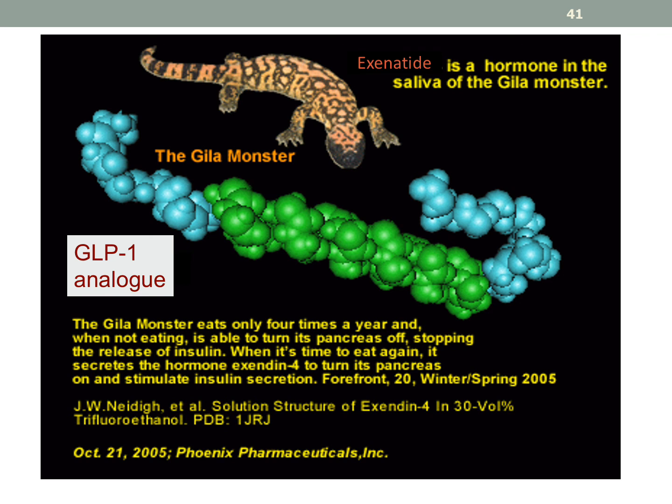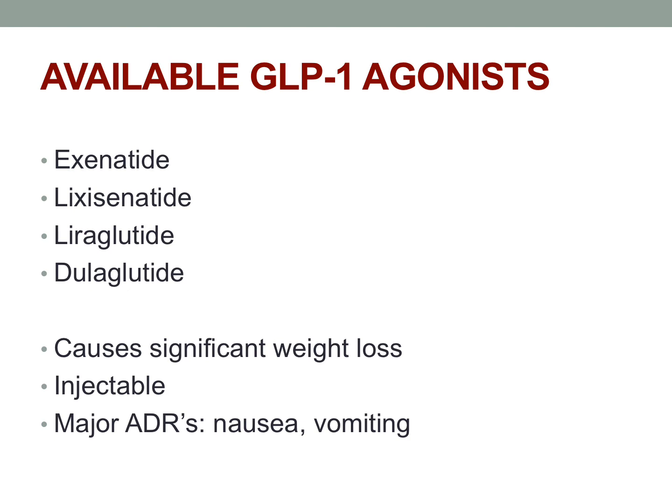Through recombinant DNA technology, exendin-4 has been made into a drug called exenatide, the first GLP-1 analog. Since then, there have been other drugs available in the market.